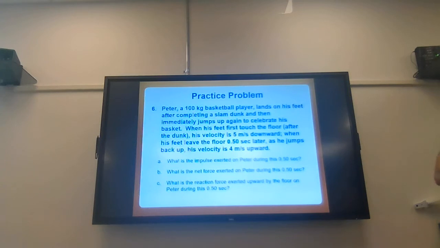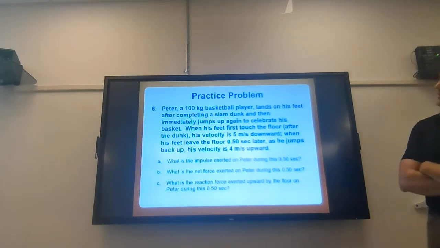Okay, so Peter, a 100-kilogram basketball player, lands on his feet after completing a slam dunk and then immediately jumps up again to celebrate his basket. So when his feet first touch the floor after the dunk, his velocity is 5 meters per second downward.